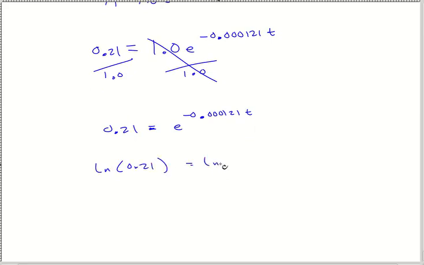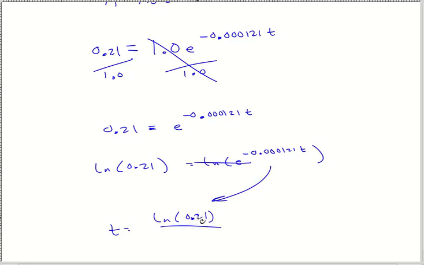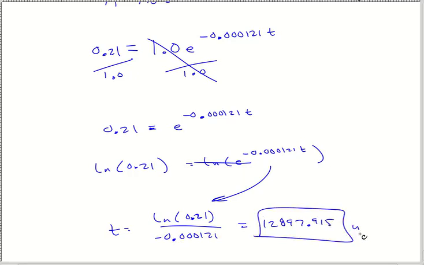The ln and the e are going to cancel. I'm just doing this because it's funny. And then I'm going to divide by that number, that decimal. That's supposed to be a 21. Okay. Calculator, I got 12,897.915 years. Okay, awesome.